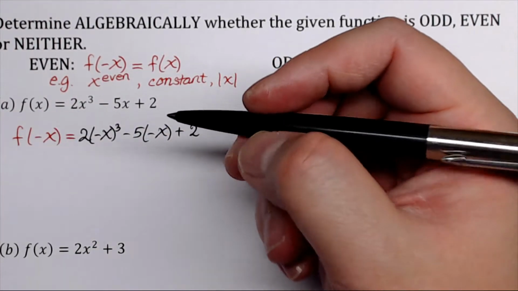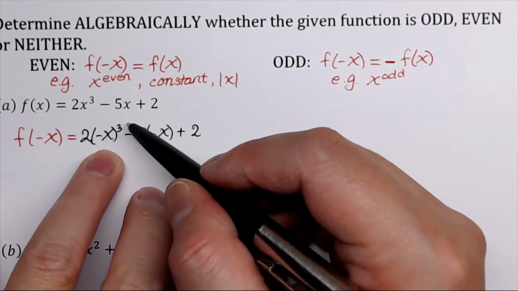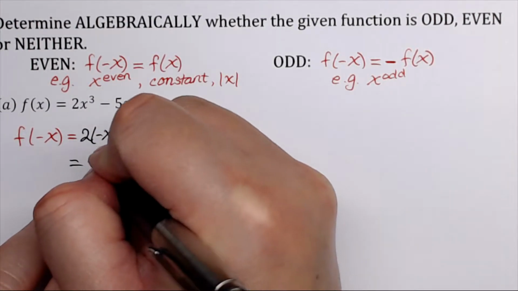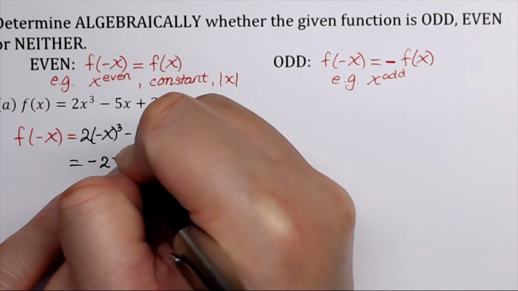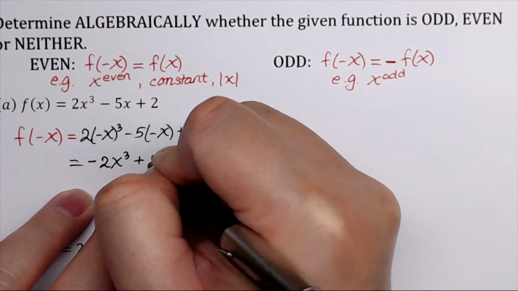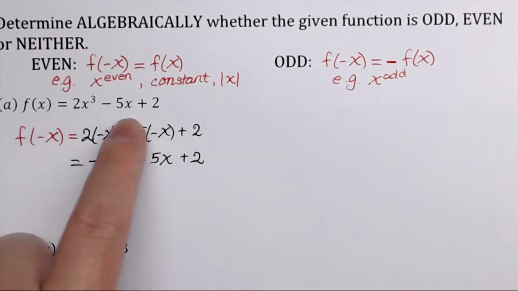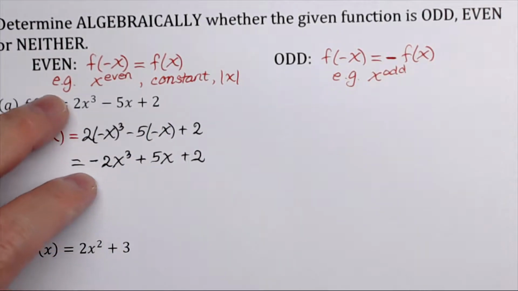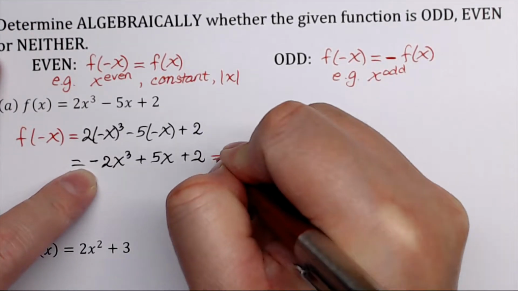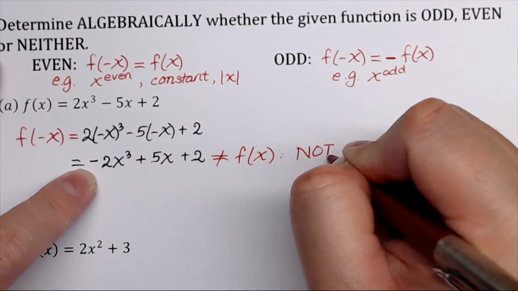So negative x to an odd power gives the negative signs. So this will be negative 2x cubed, negative and negative gives plus 5x plus 2. Now we compare this to the original function, and they're not the same because here we have 2x squared, negative 2x squared. So it is not the original function, meaning it is not even.